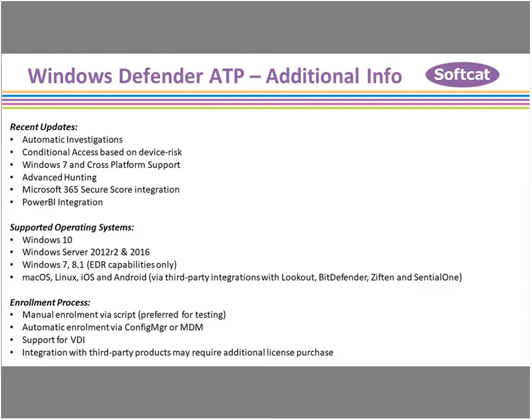Or MDMs, which are, again, super simple. Drop your tenant ID in, tell it how much data you want to send, and away you go. There's also support for VDI non-persistent desktops via a script. And one thing to keep in mind here, if you've got those third-party integrations via Lookout, Bitdefender, Ziften, SentinelOne, you may need to purchase additional licensing from those vendors to enable that service. That's just something to keep in mind there.